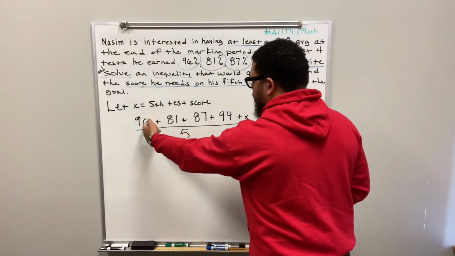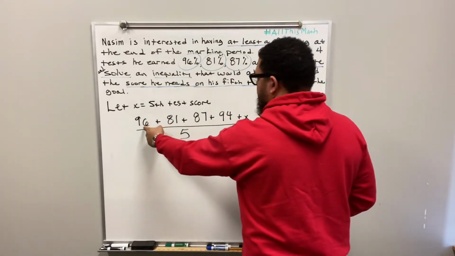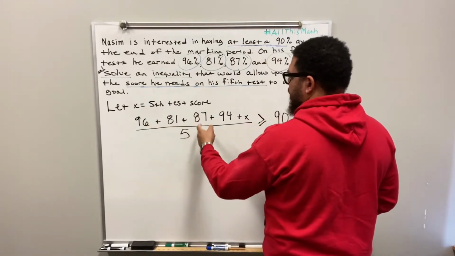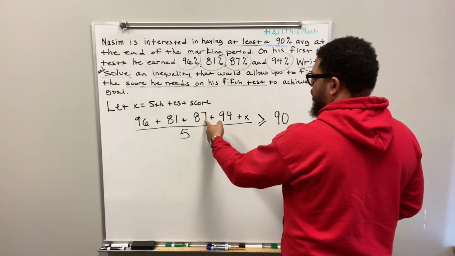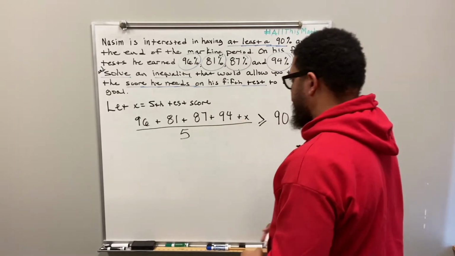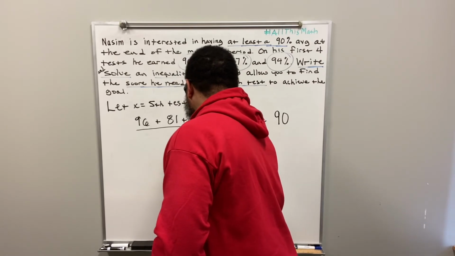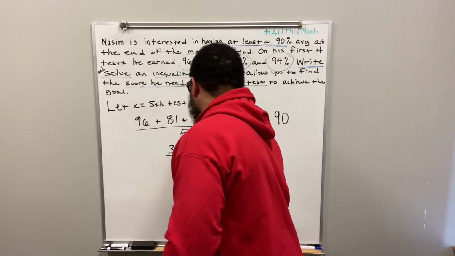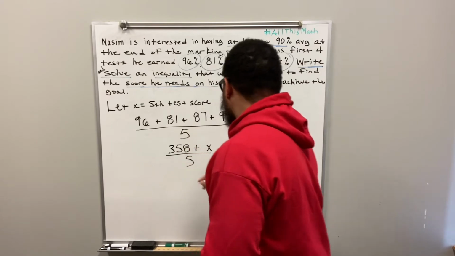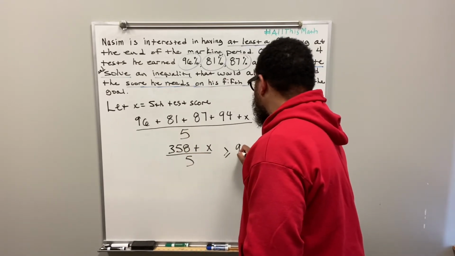And then I'm going to add the ones place numbers. So 346, 347, 354, plus 4 is 358. So I'm pretty sure that's right. I did this already. So we got 358 plus x over 5 is greater than or equal to 90.